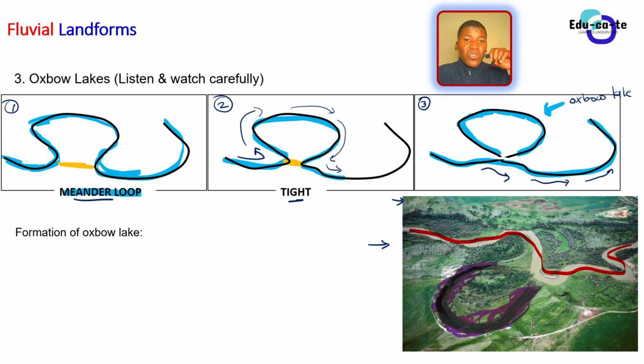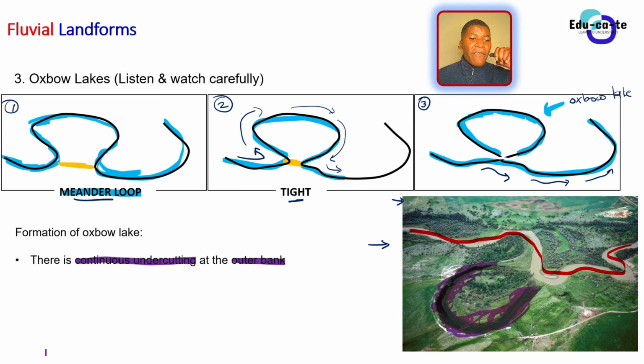Now you need to be able to explain all that using words. What actually causes the meander loop to tighten and eventually cut off the oxbow lake? The first thing that happens is continuous undercutting at the outer bank. I have already described to you that the outer bank of a meander loop, we are talking about this side, is known as an undercut slope.